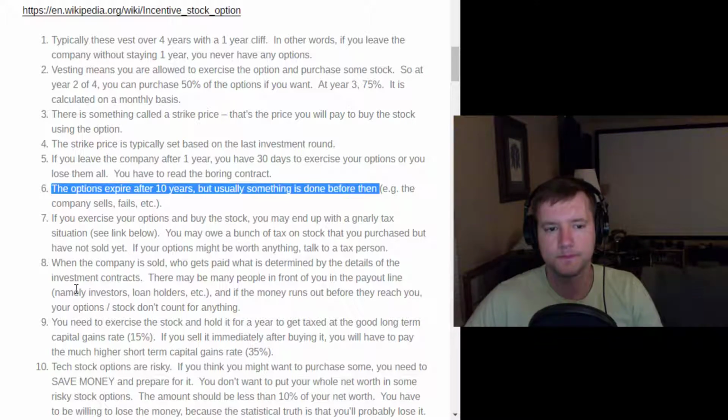And so it's not a sure bet to exercise your options early because even though you do have the possibility of avoiding these taxes, you also have the possibility that the future of the company is more uncertain because it's earlier, and therefore there's just more risk in purchasing that stock.